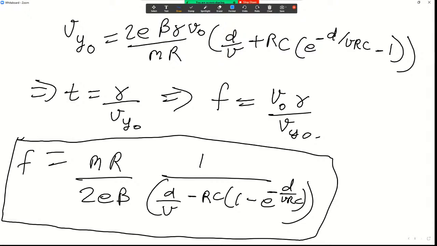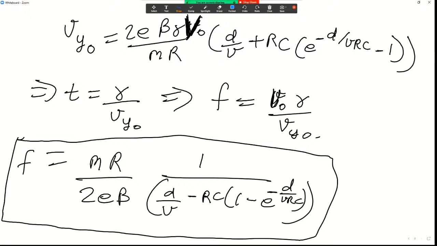Okay, so this is V0, capital V. And then focal length is, this is small v only.